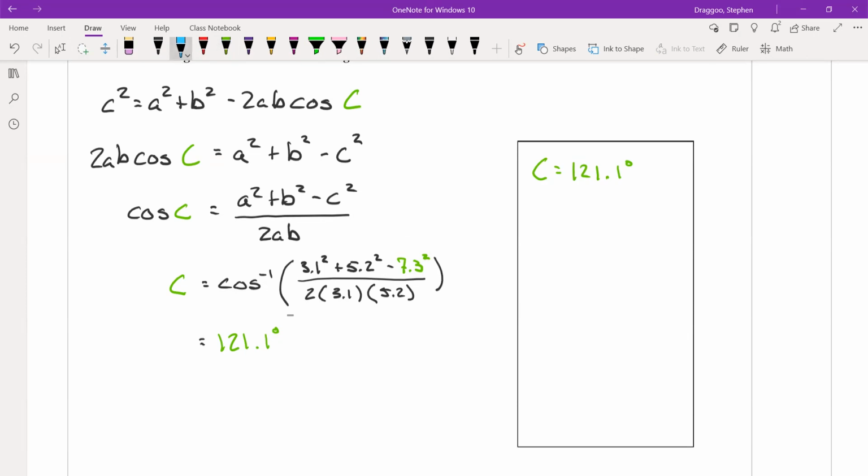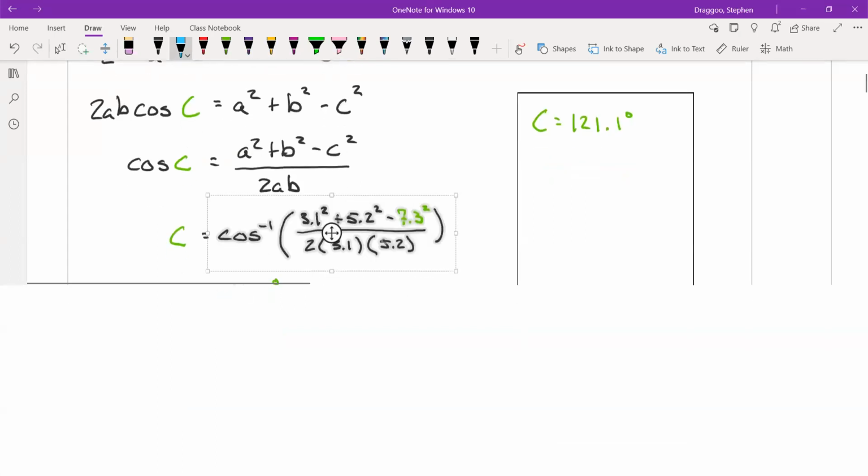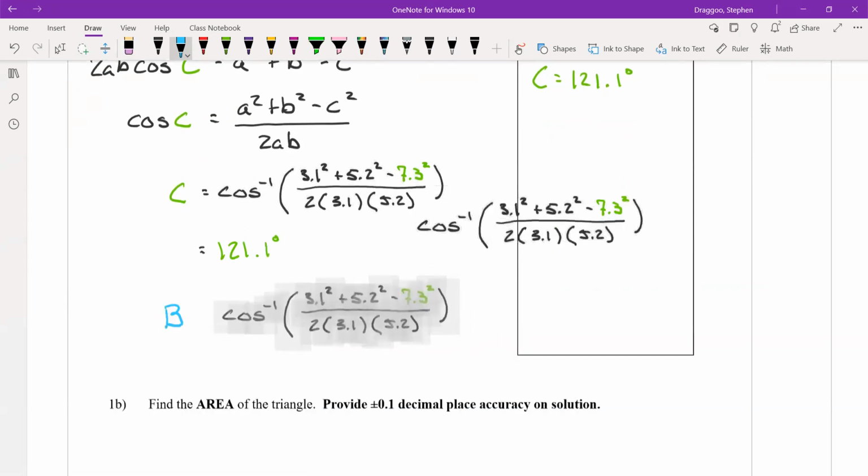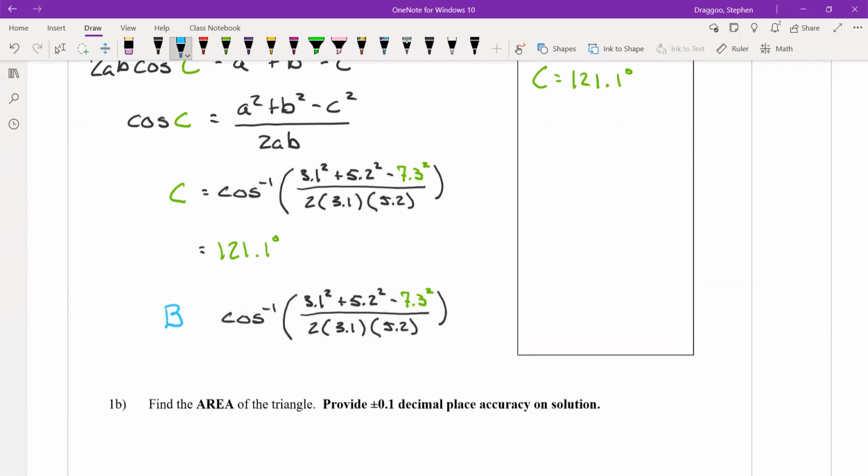Through some substitution or some relabeling of those letters, I could say that if I wanted to solve for B instead, I'd want to have A squared minus B squared plus C squared on top. So I'm just switching the positions of B and C.